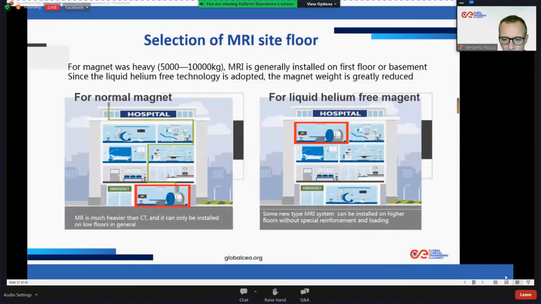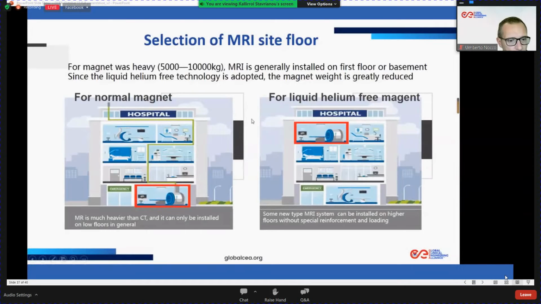First of all, we should select the MR site floor. A normal magnet is very heavy, about 5,000 kilograms to 10,000 kilograms. So the MR system is generally installed on the first floor or the basement.